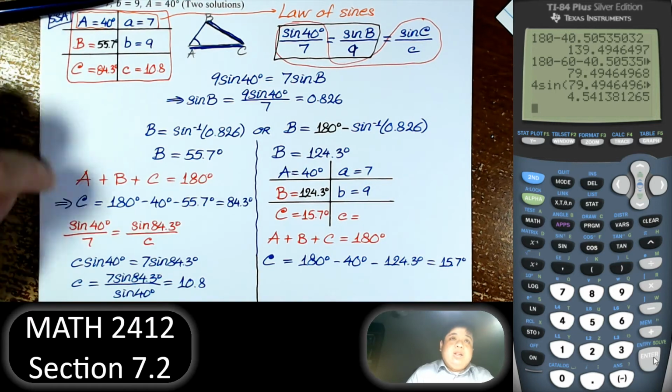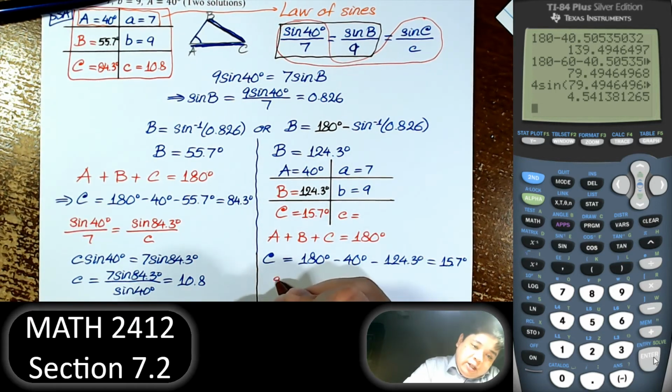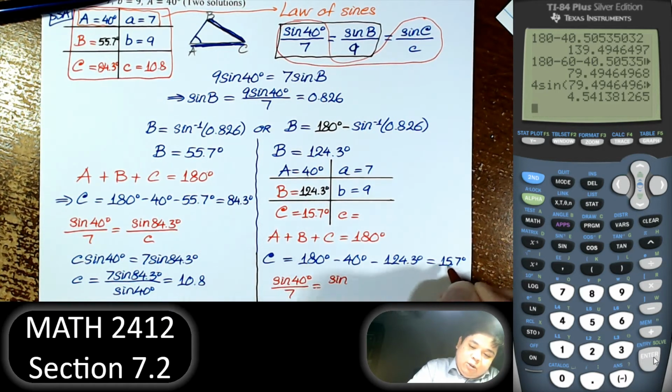Now we just need side c. We use the same ratio, sine of 40 degrees over 7 equal to sine of angle C over c, which we do not know.